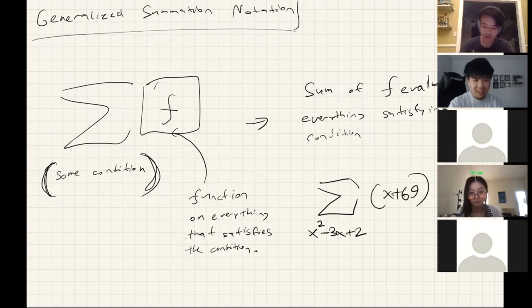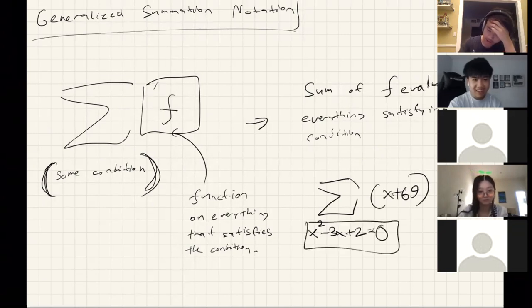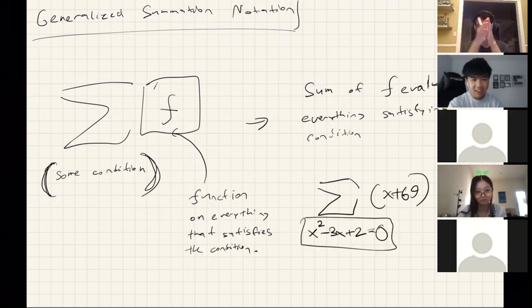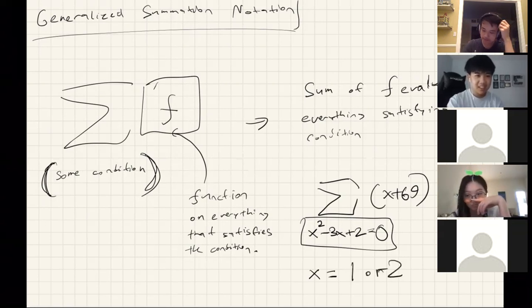As you can see, the condition is that x is a root of some polynomial, so everything that satisfies that condition is a root of the polynomial. So x is going to be either 1 or 2. Then you evaluate the function x plus 69 over both of these, and sum them up, and you get your final answer of 70 plus 71 equals 141.